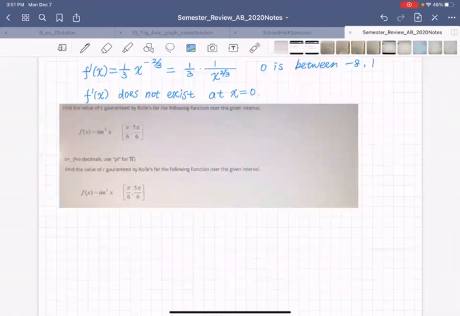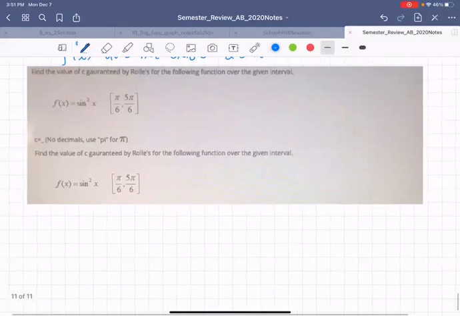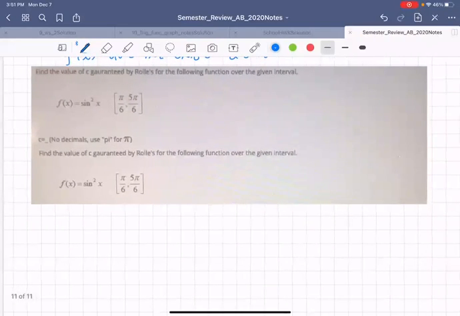Okay. So your question is, find the value of c guaranteed by Rolle's theorem for the following function over the given interval.